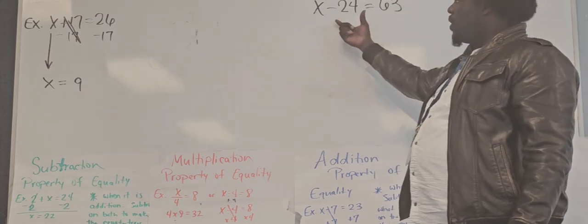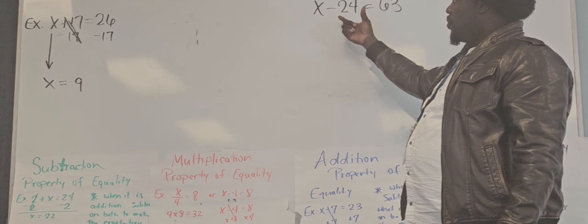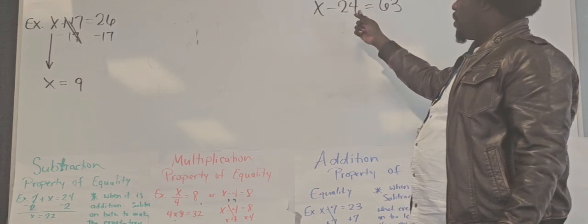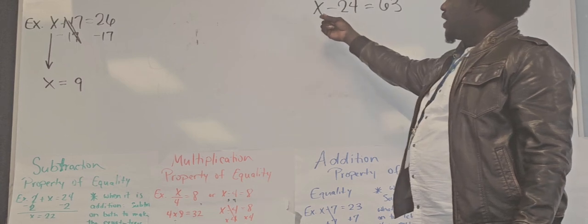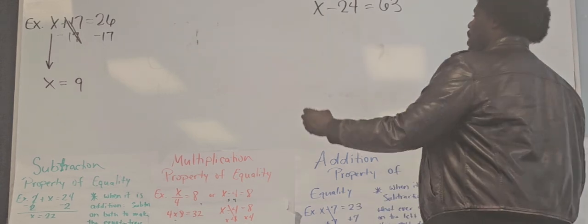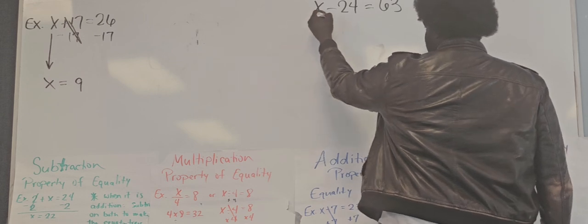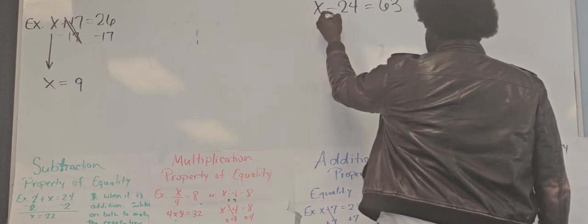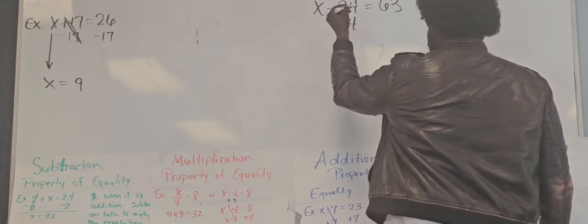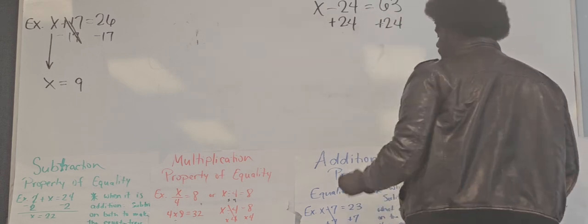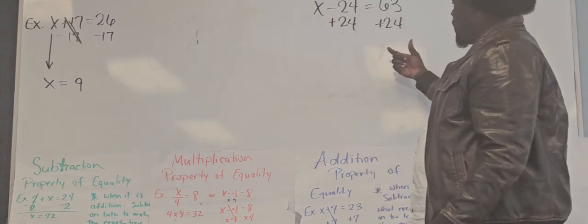This is starting off with subtraction. So just like the other problem, we have to do the inverse operation to get x by itself. And the inverse operation here is addition. So because we have to add on one side, we have to add 24 to the other side. That's the addition property of equality.